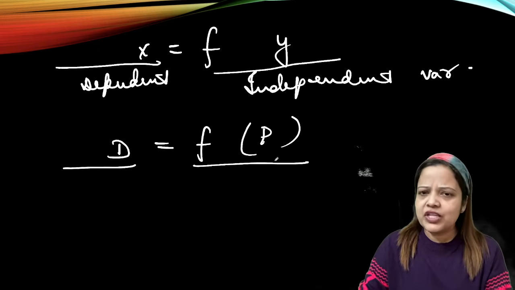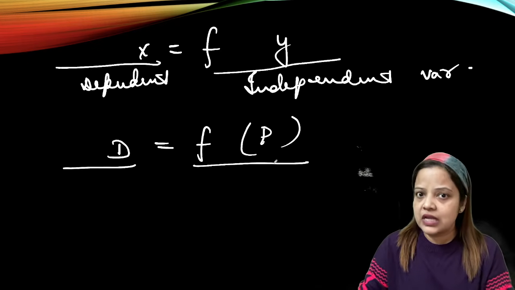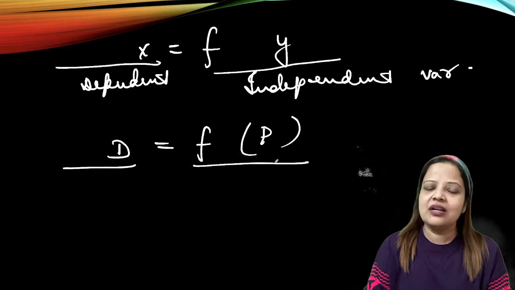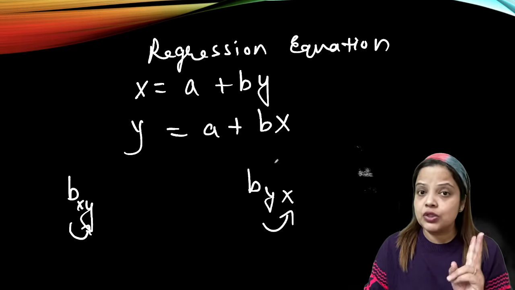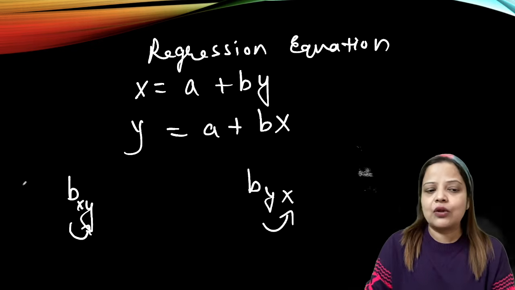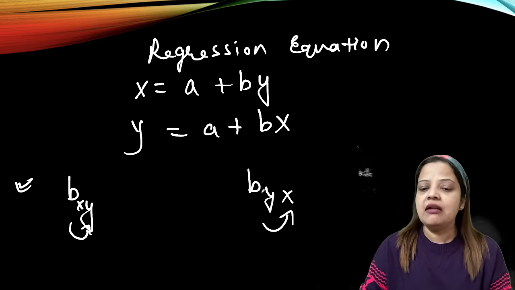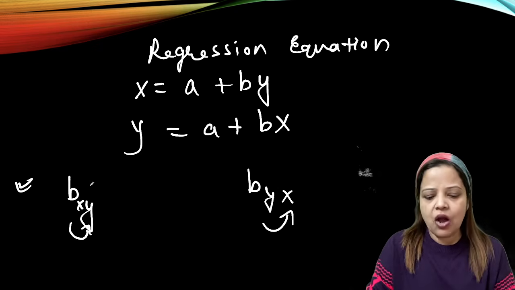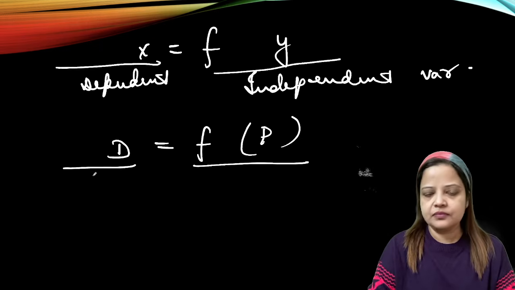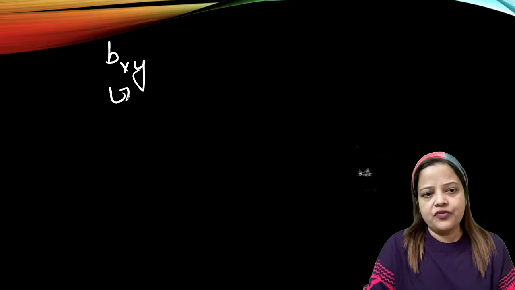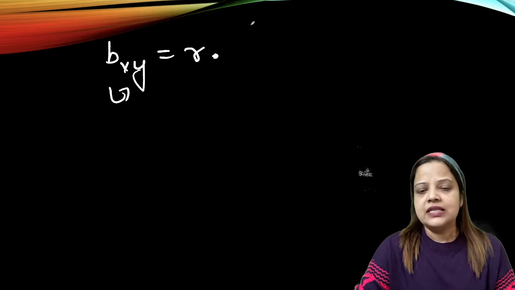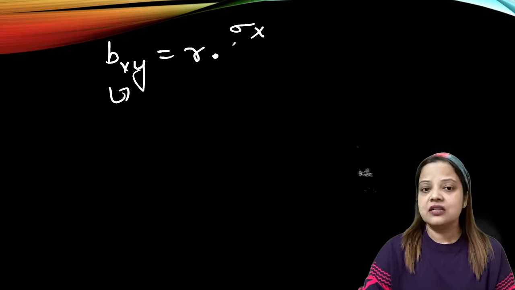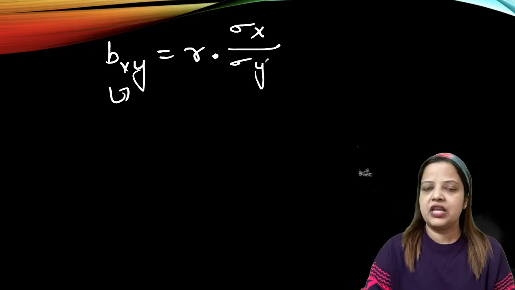So to find out which variable is dependent and which is independent, we use the regression equation. And to find the two lines of regression, we calculate b x on y and b y on x. The formula of b x on y, the first regression line, is the correlation coefficient into the standard deviation of variable x divided by the standard deviation of variable y.